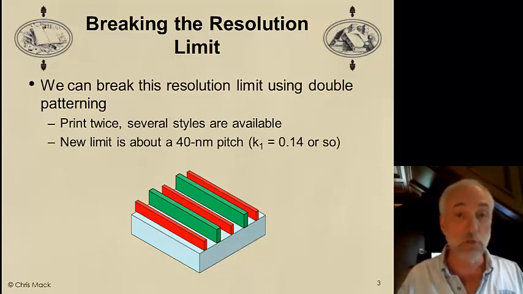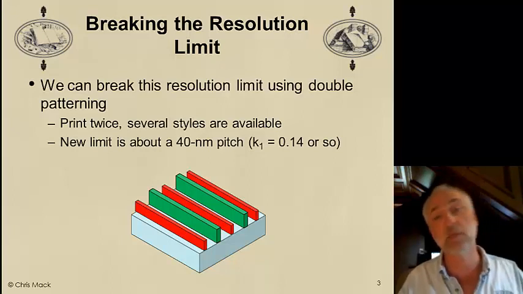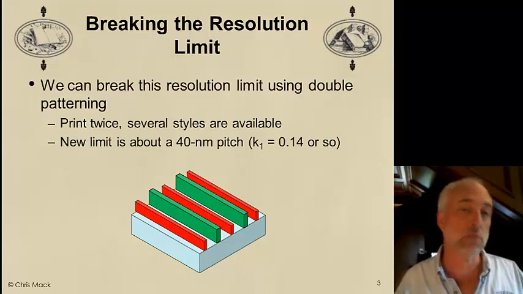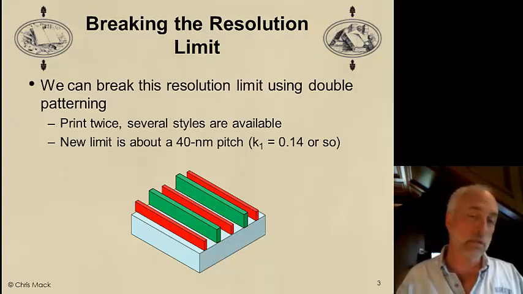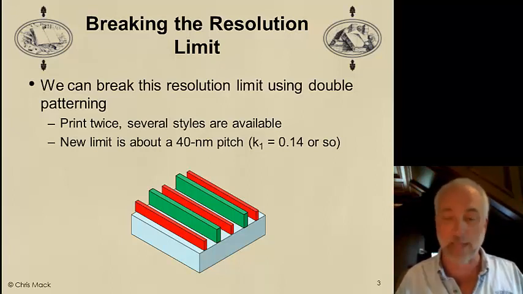Therefore, the new limit would be about a 40 nanometer pitch instead of an 80 nanometer pitch. This is called double patterning. And there are a lot of difficulties in making this work, but they're not fundamental difficulties, but practical difficulties.